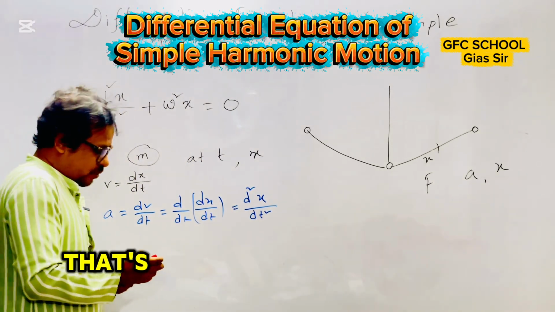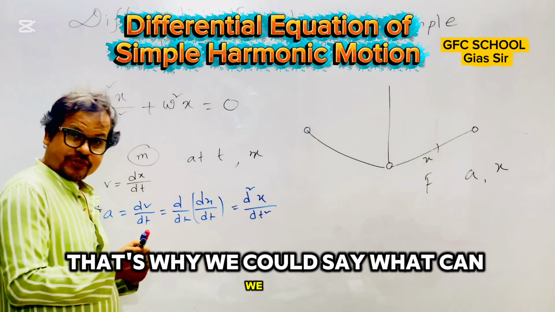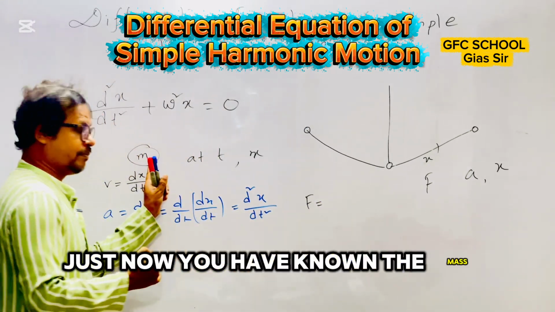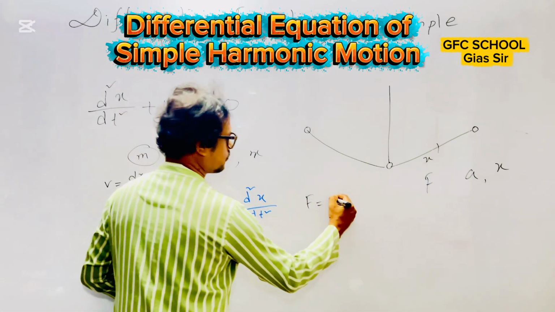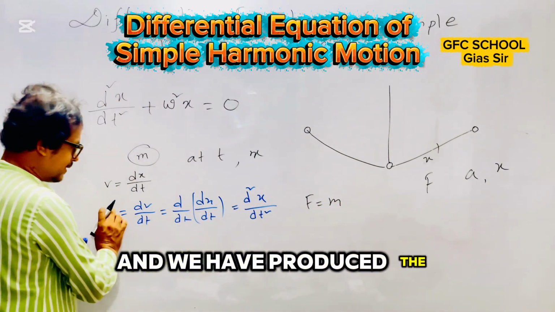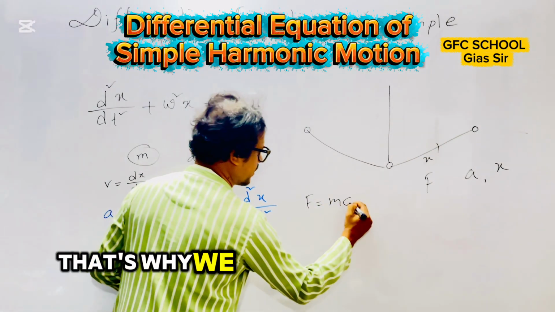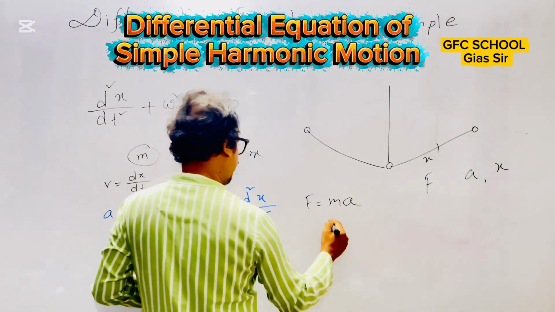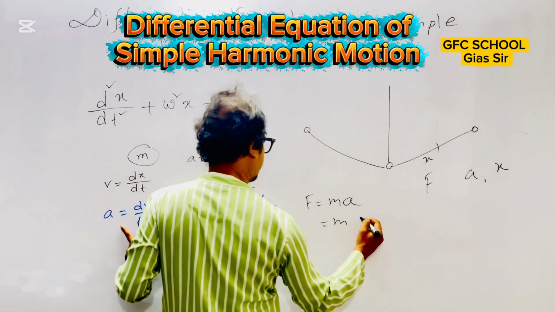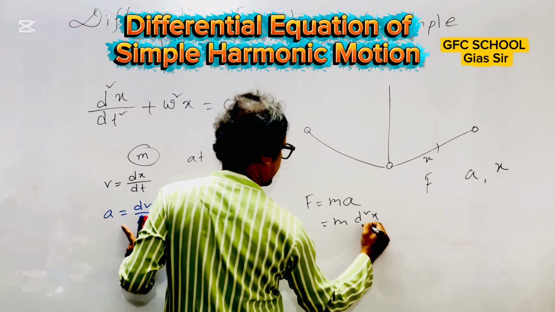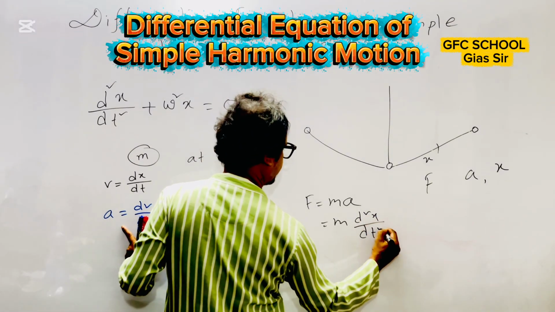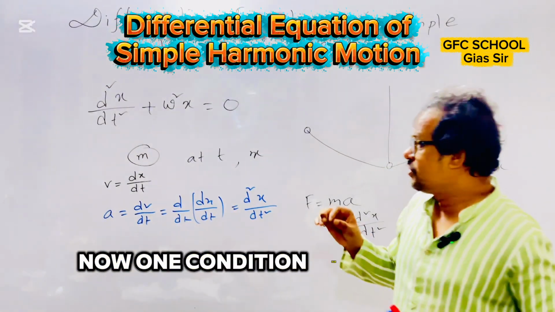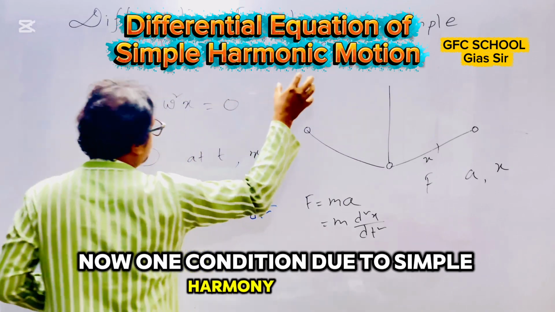That's why we can say the force, since we know the mass of the particle m and the acceleration a produced, F equals ma. And here, with d squared x upon dt squared, F equals m d squared x upon dt squared. And now, on condition, due to simple harmonic motion.